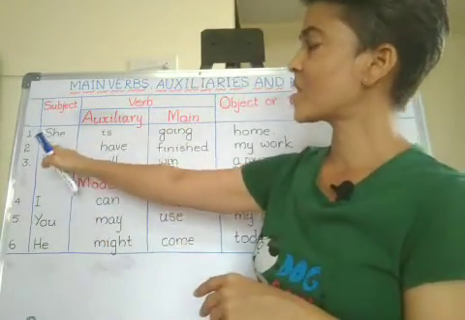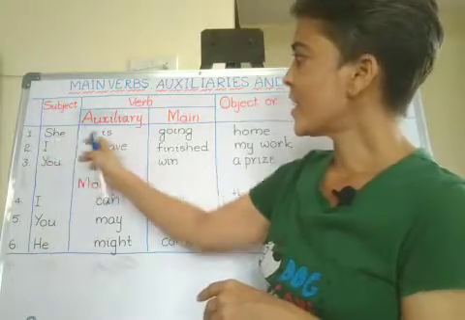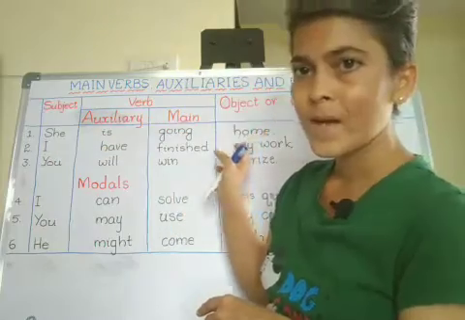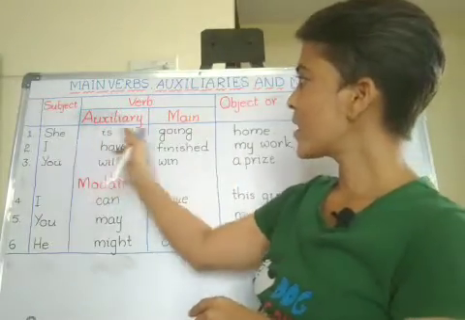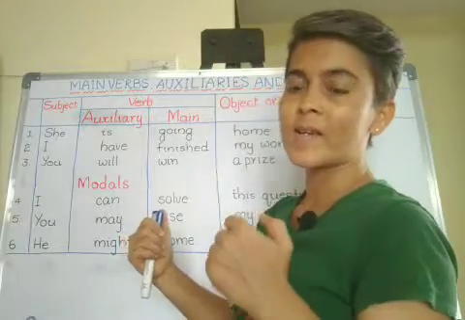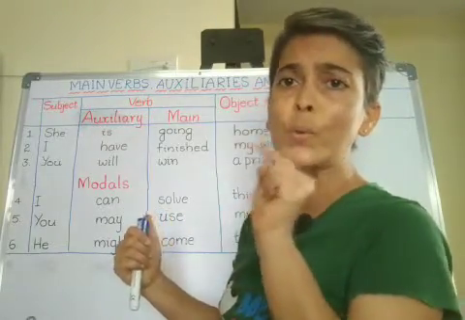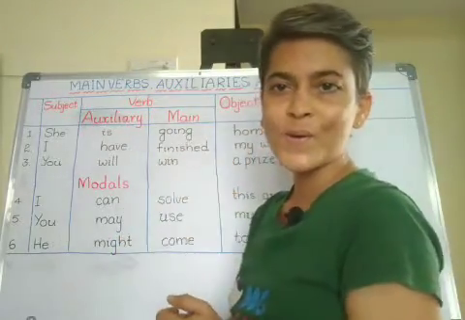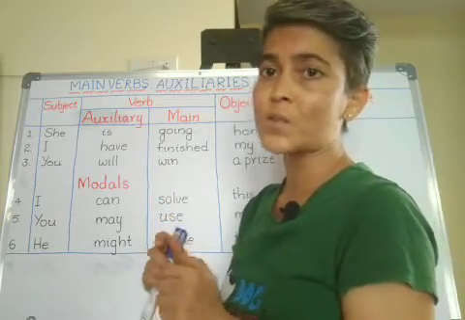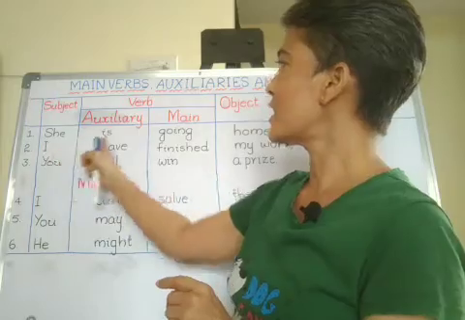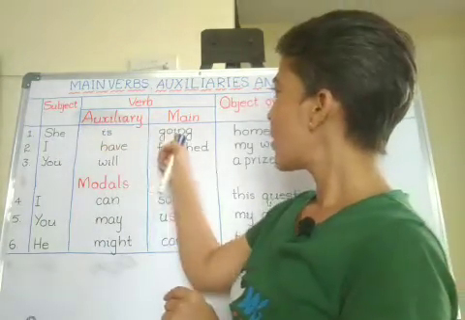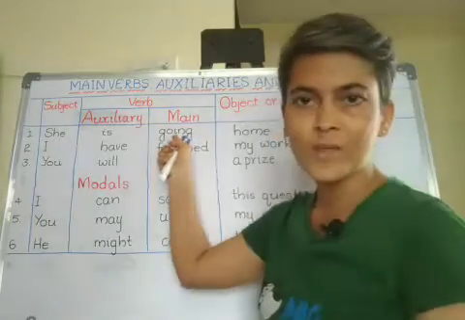See, first example, she is going home. And we should not say going to home here. We discussed later why we should not use to in front of home. We can say to house, but we should not say to home. She is going home: is is the auxiliary verb, going is the main verb.